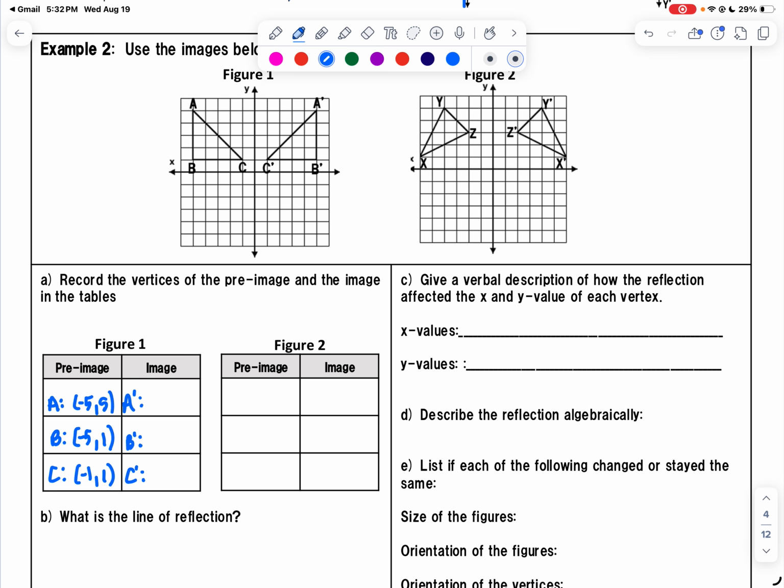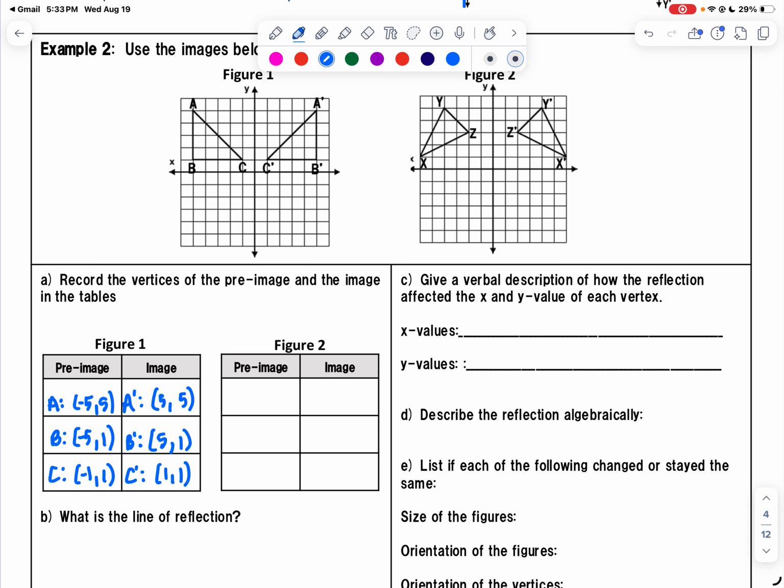All right, now let's get the coordinates of point A prime. So A prime goes 5 right, so that would be positive 5, and up 5. Point B also goes to the right 5, but only up 1. Point C goes to the right 1 and up 1.